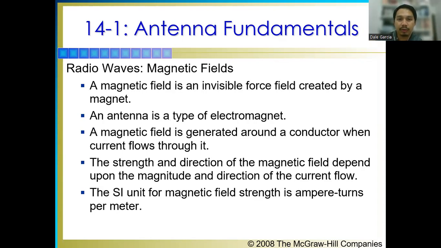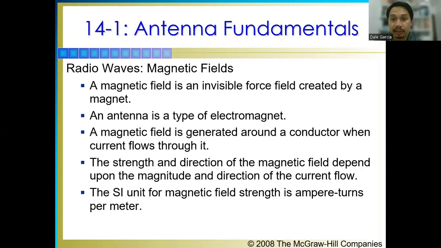A magnetic field is an invisible force created by a magnet. An antenna is a type of electromagnet. It is related to the definition of an electromagnet. If an electromagnet is an artificial magnet, then okay, maybe, since it has poles, a North Pole and a South Pole.